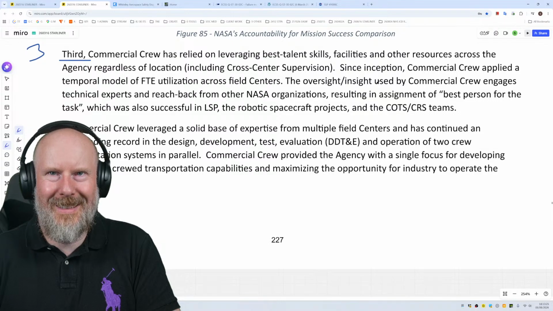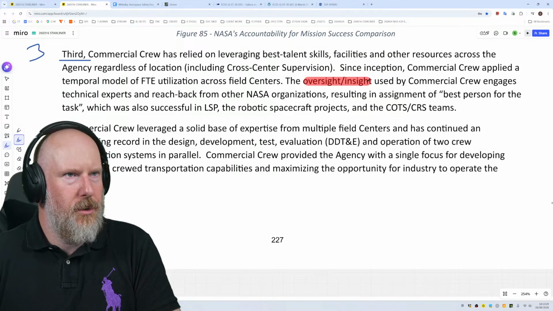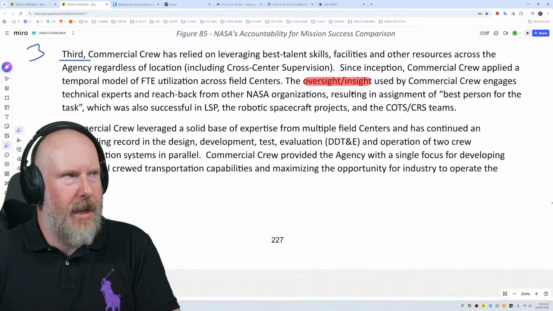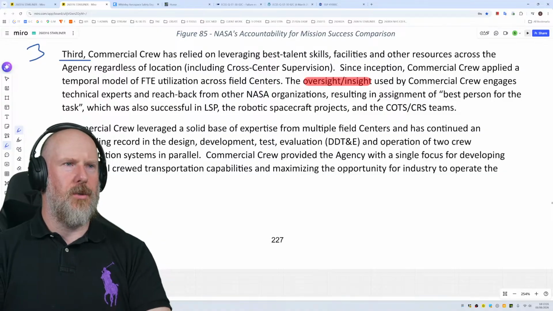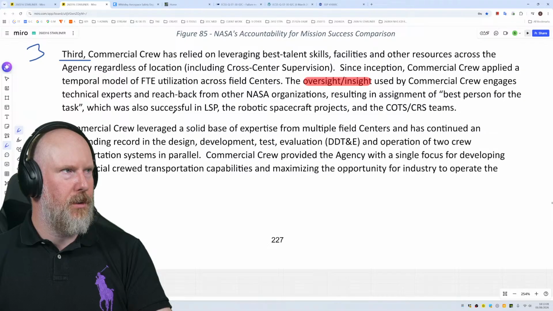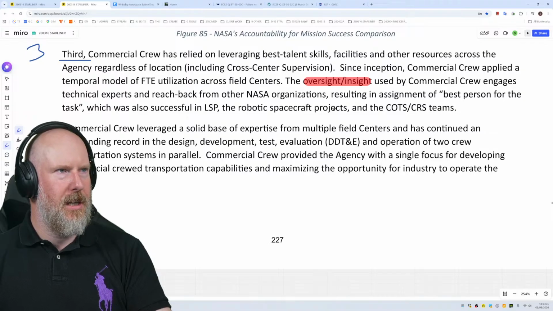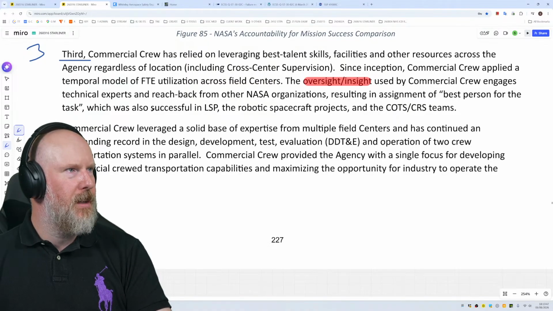The oversight insight used by commercial crew engages technical experts and reach back from other NASA organizations, resulting in the assigning of the best person for the task, which was also successful in LSP, the robotic spacecraft projects, and the COTS CRS teams.